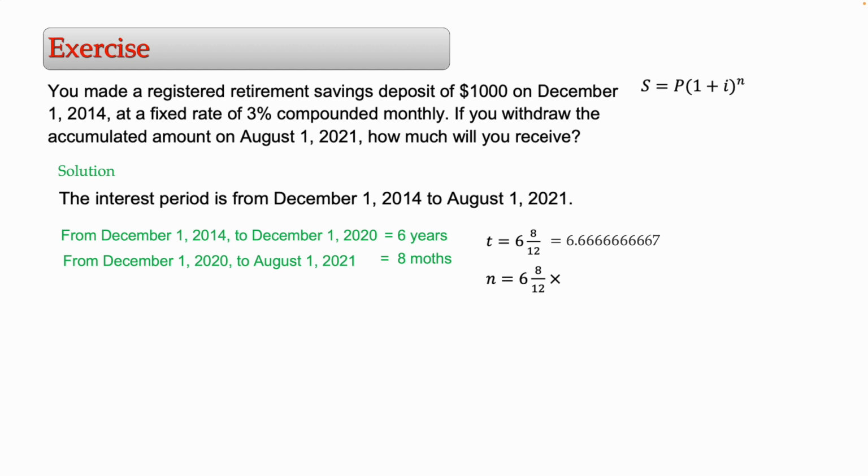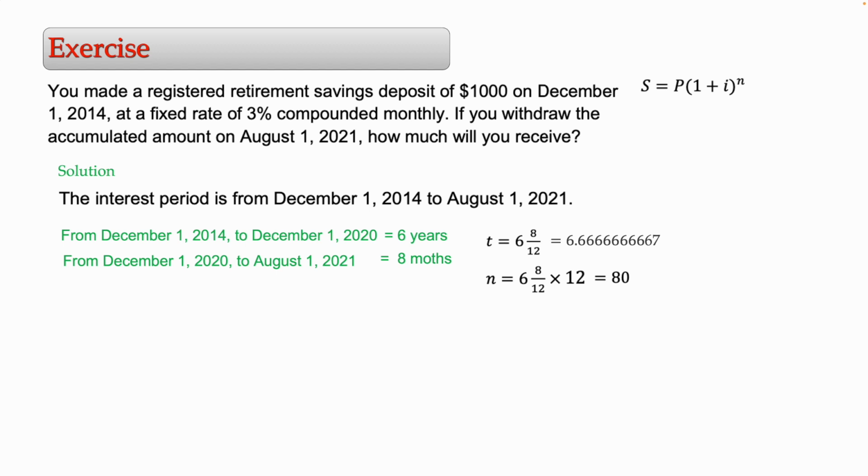So now you have t, then you have that n equals 6 and 8 twelfths times the number of periods. Because this is compounded monthly, you multiply it by 12. So this number multiplied by 12 equals 80. If you use the decimal number, because it is rounded anyway and has an infinite number of decimals, maybe the answer will be a little different, maybe 80.00000001.